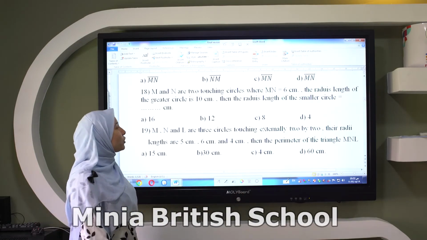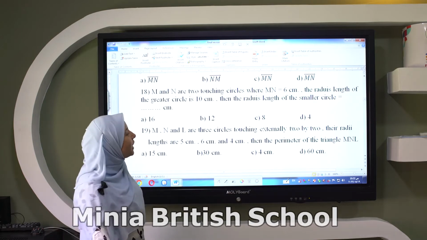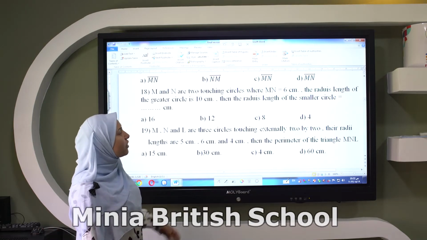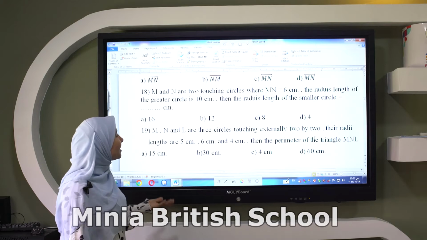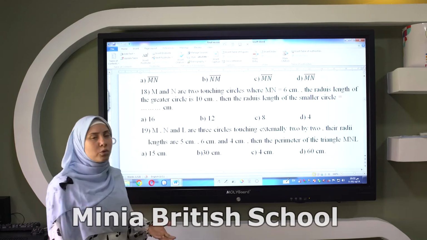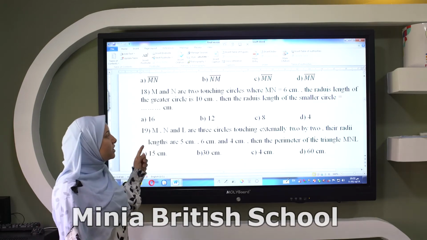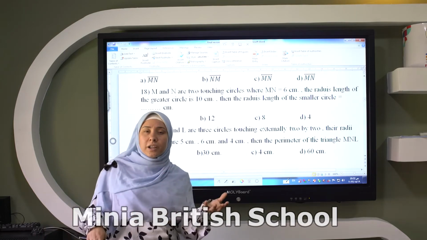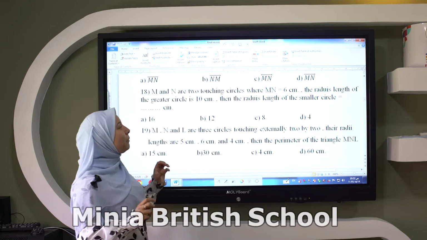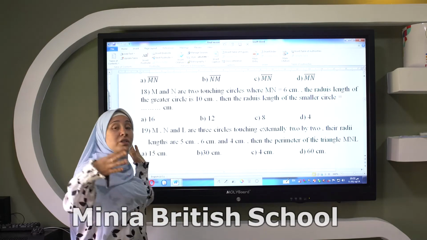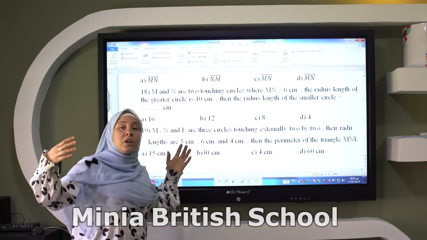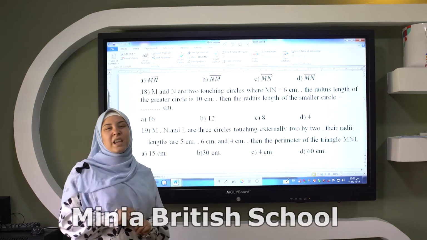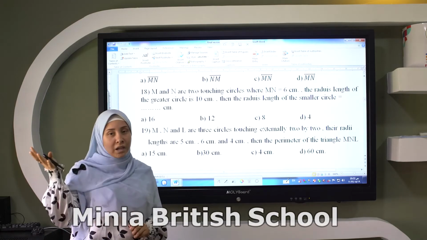But number 18, M and N are two touching circles where MN equals 6 cm. The radius length of the greater circle is 10. Then the radius length of the smaller circle equals what? Here the two circles are touching. Okay, touching internally or externally? Here MN equals 6, but the radius length of the greater circle is 10, which is greater than MN.